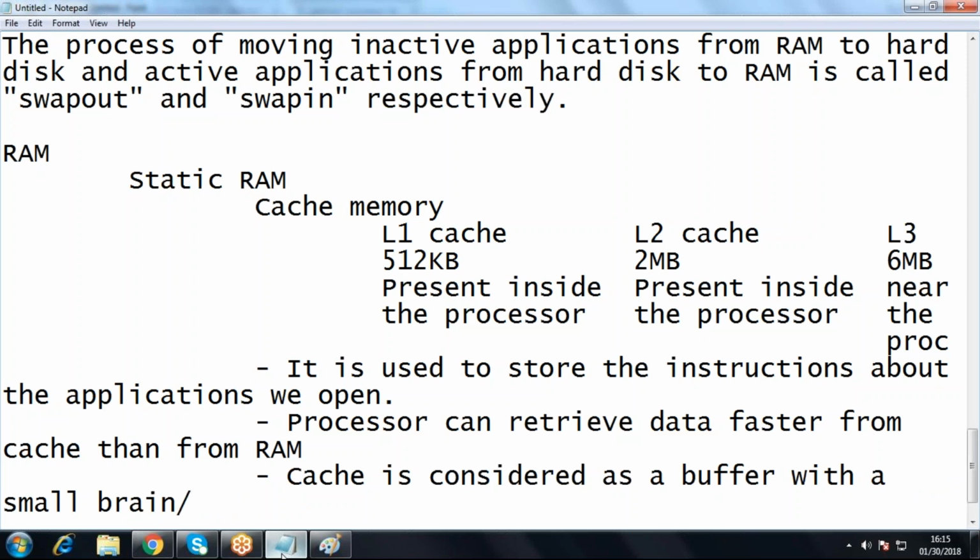It means most of the time cache will be ready with what the processor needs. It is somewhat intelligent.